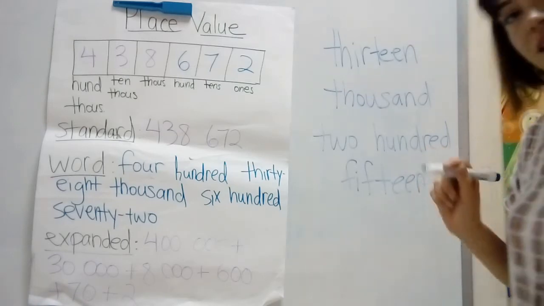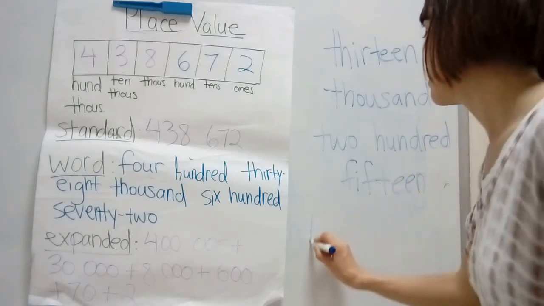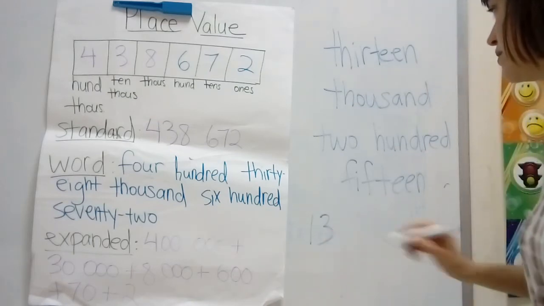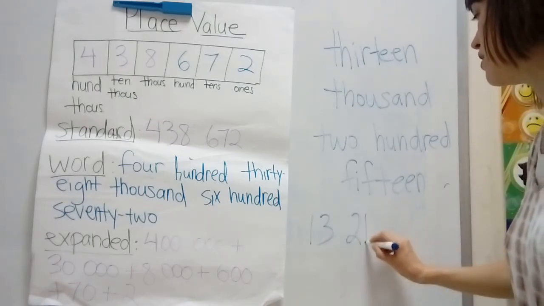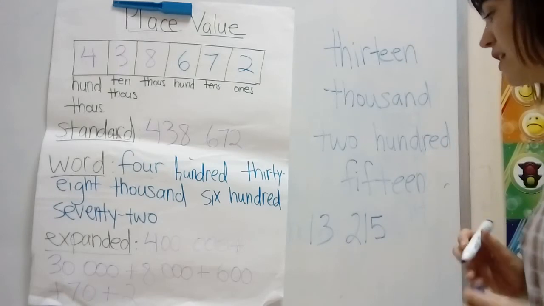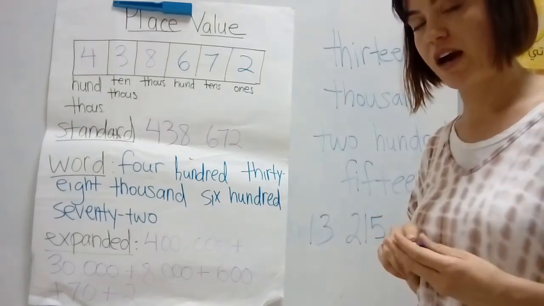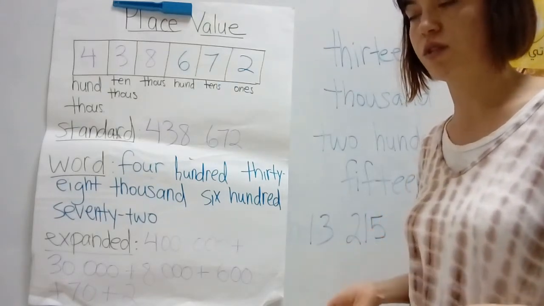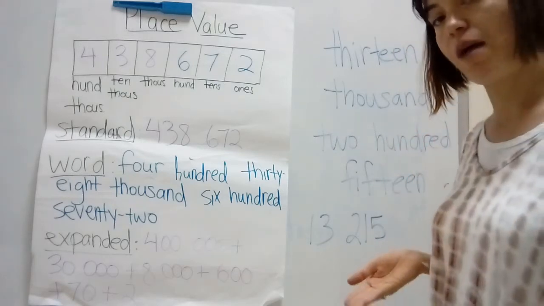And to write it in standard form, I would write 13,215. And this is a skill that might come with some practice and getting used to using words to describe a number.